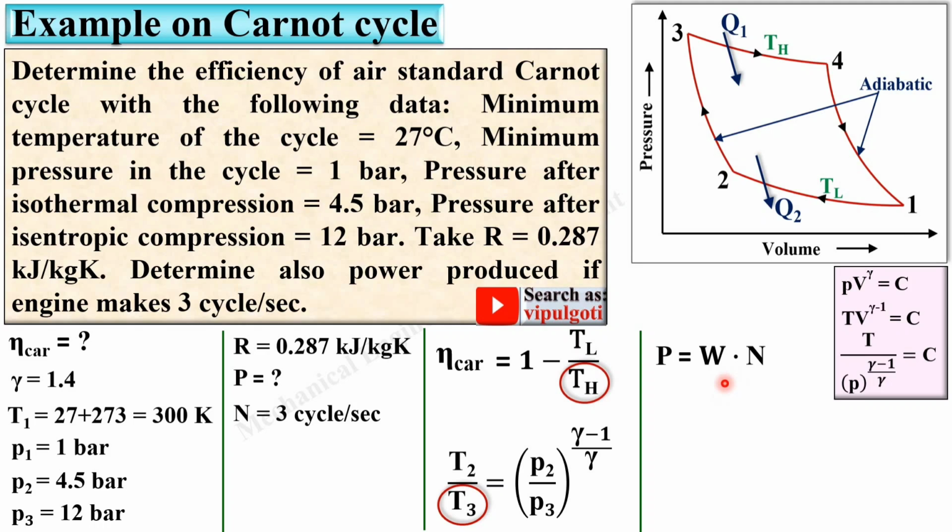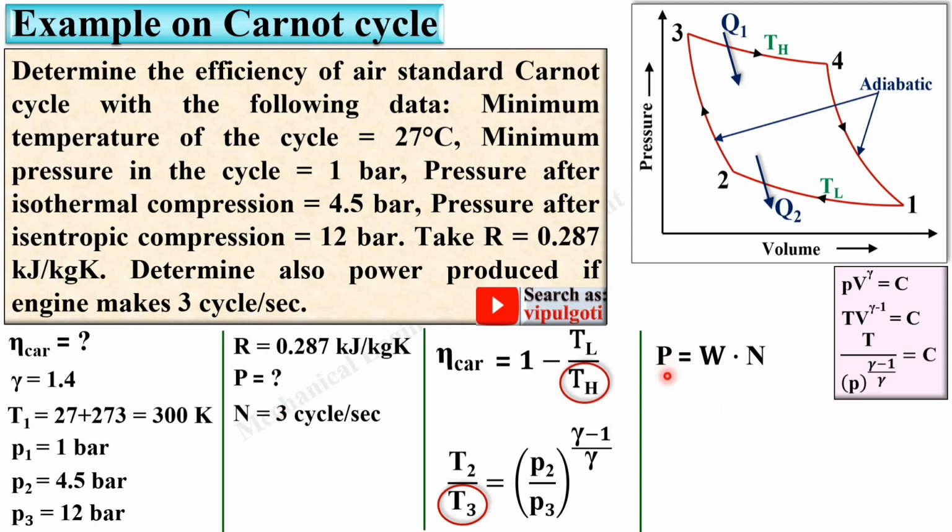Now again, my dear friend, why have I multiplied W into N? Because you know that work done is per cycle, and here it is given to you that per 1 second there are 3 cycles. So you have to multiply this with the 3 cycles so that you get the total power per second, and that's why it is watt.